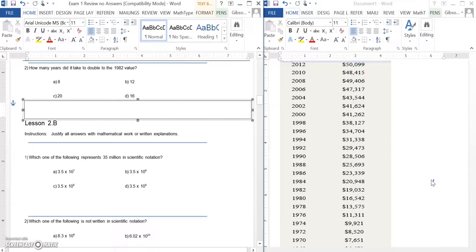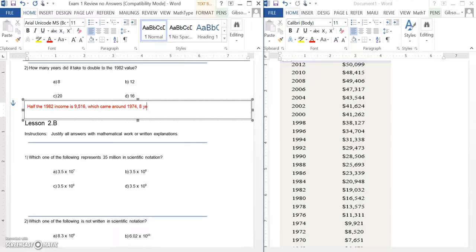So we will type in half, or write in, the 1982 income is $9,516, which came around 1974.